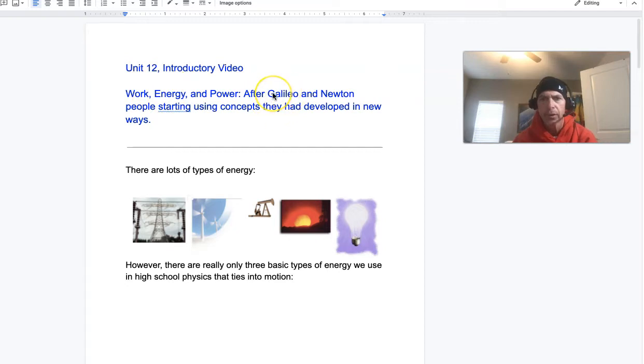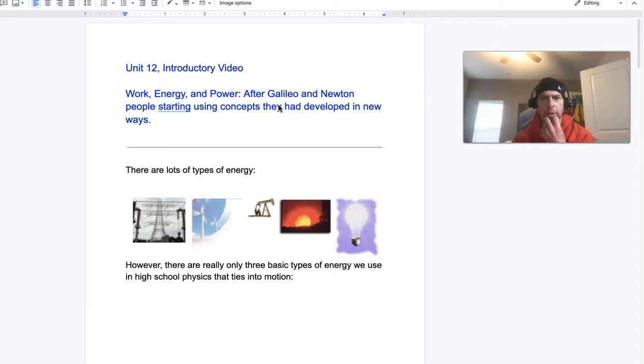Galileo introduces us to the ideas of time and motion, velocity, displacement, etc. And Newton presents the ideas really of forces. So after Galileo and Newton, after they passed away, people then started using their concepts in some new ways.